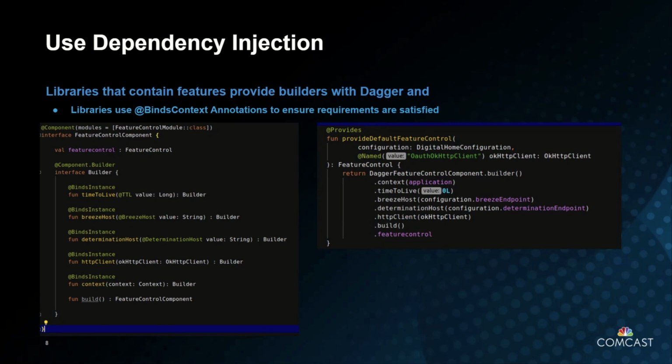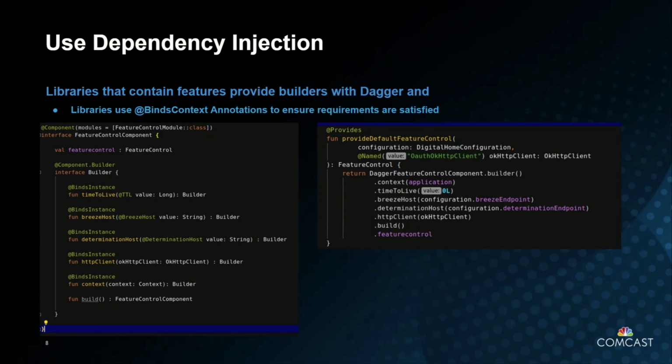We use the component builder pattern and those binds instance annotations. So the Dagger annotation processor will turn everything that library requires into components in the Dagger builder.